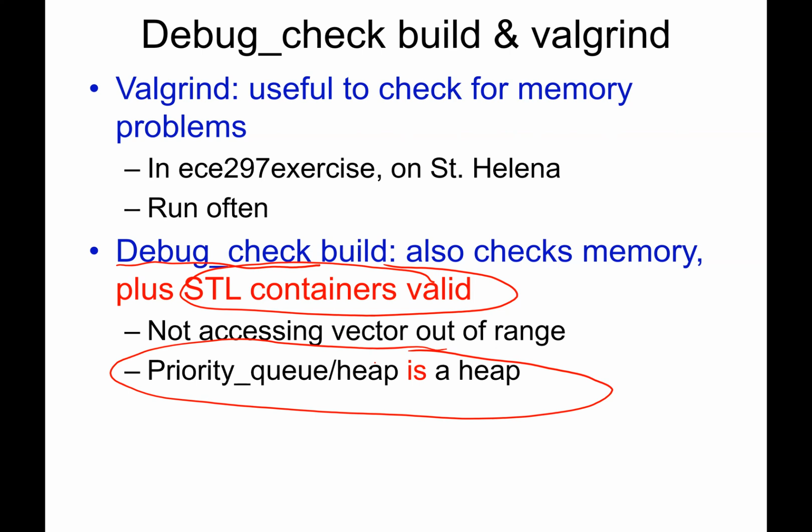If you just start shoving data into the middle of the container, or if you have pointers to the stuff in that container and you start going in and changing their values, you can break the priority queue because it won't be a heap anymore. The STL debug check build will actually check if it's a heap. So it's way slower, because every time you do anything with the priority queue, it'll actually check if it's still a heap. But if you ever do anything like that, it'll tell you.